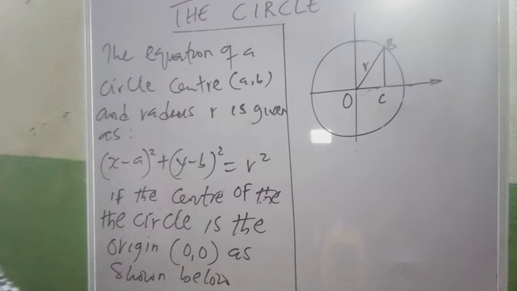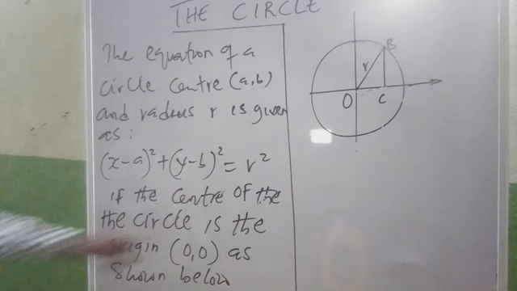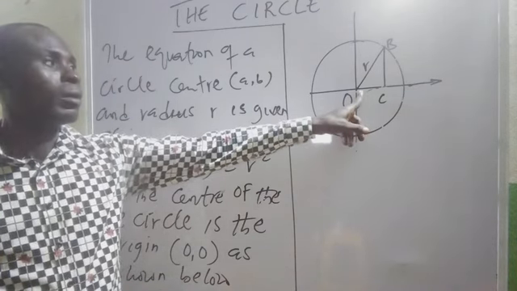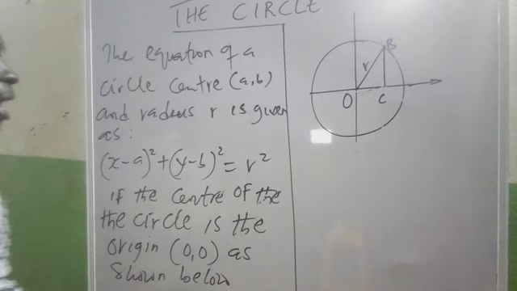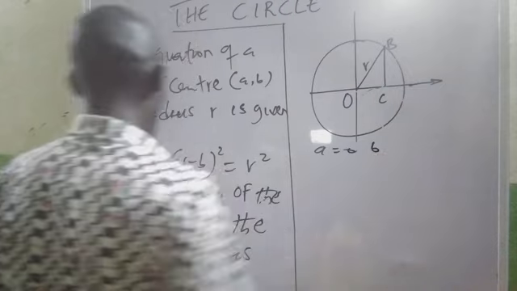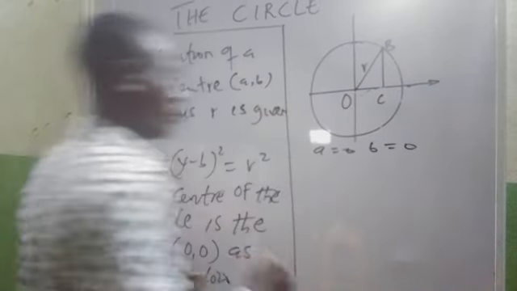Now, we may have a case where the center of the circle is at the origin, like what you see here. In this case, it means that your a will be equal to 0 and your b will be equal to 0.